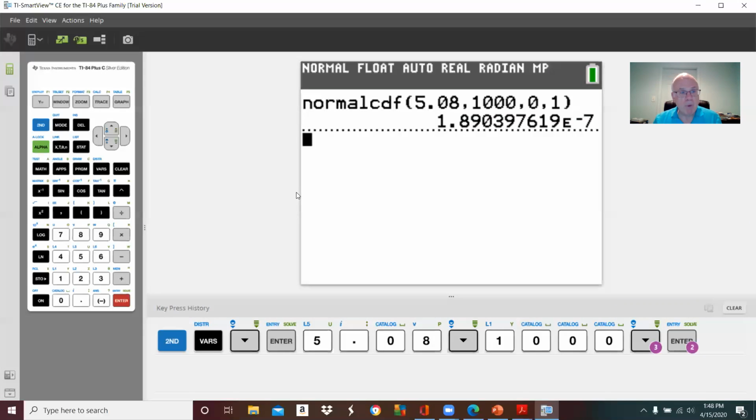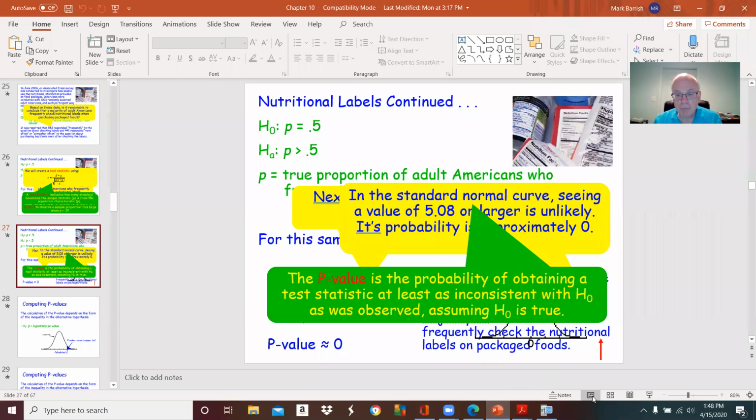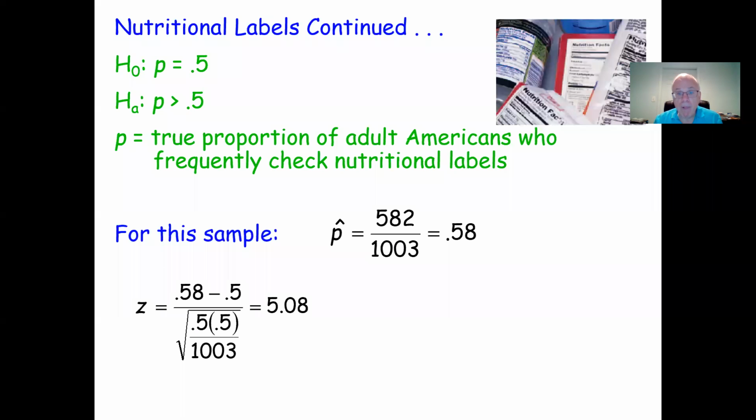And what it really means, if we go back to the slides, is that the probability of getting a sample proportion like this, or even more extreme, which is even bigger than that, given that the mean of the normal distribution is 0.5, is practically zero.